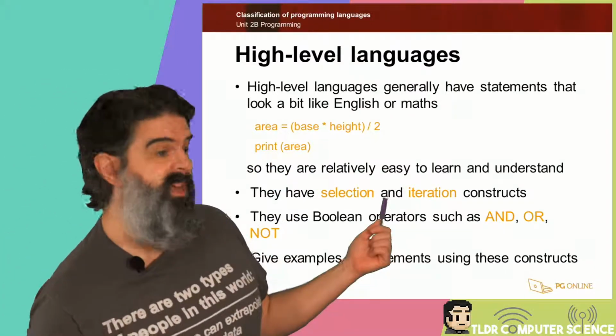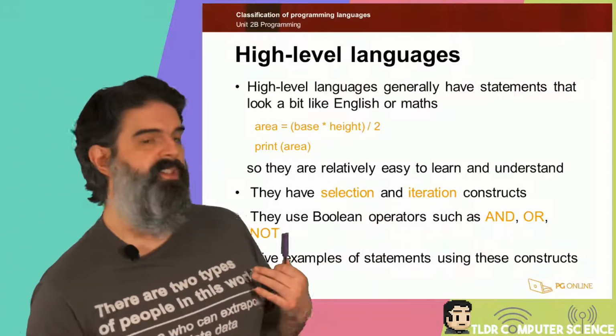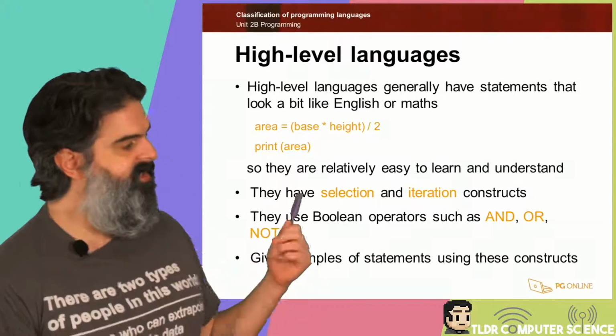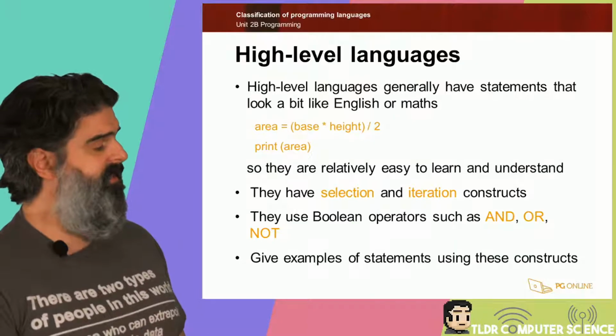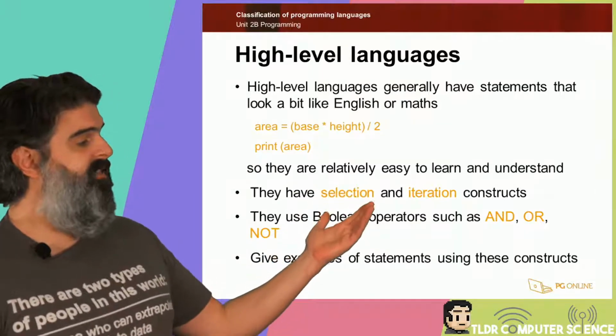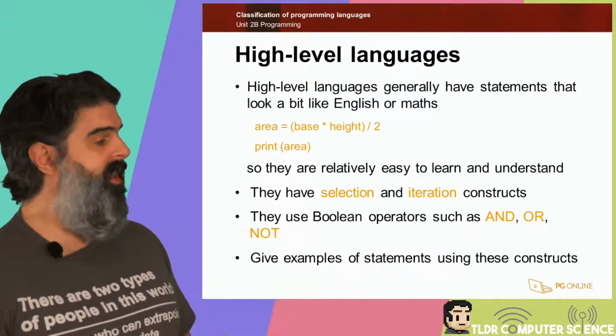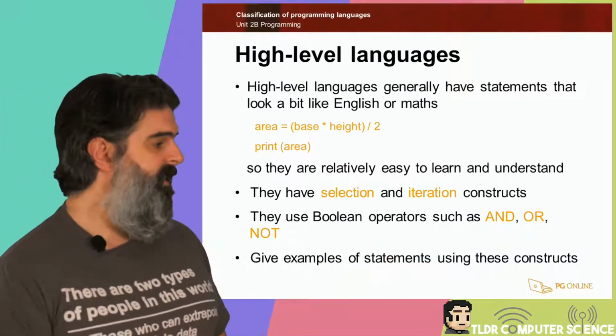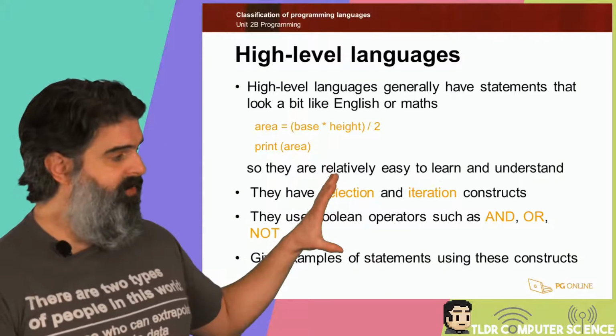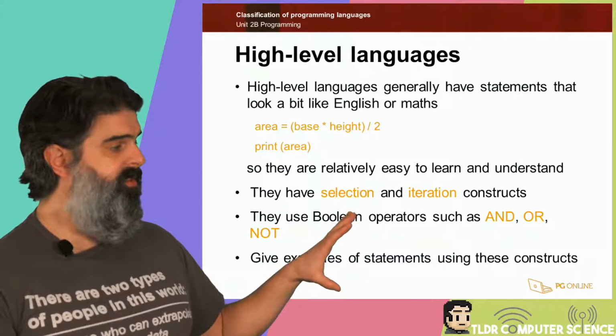It makes use of mathematical terms. And when you use Python, it's the same idea. When we write pseudocode, we're writing it using high-level ideas. You can make use of selection, so if statements, iteration, while and for loops, and Boolean operators like and, or, and not. So essentially, high-level languages is what we're learning to program with.